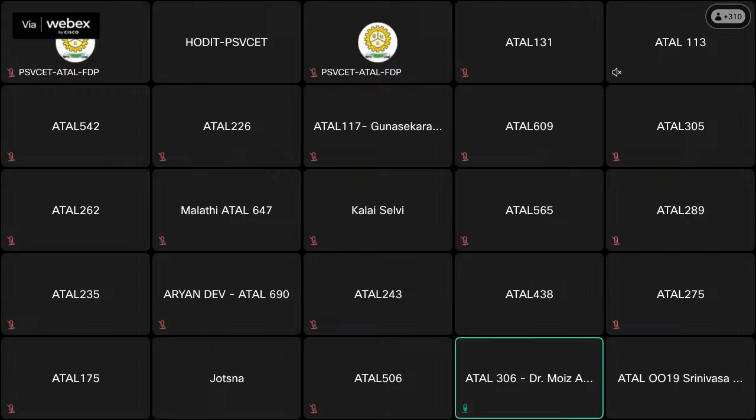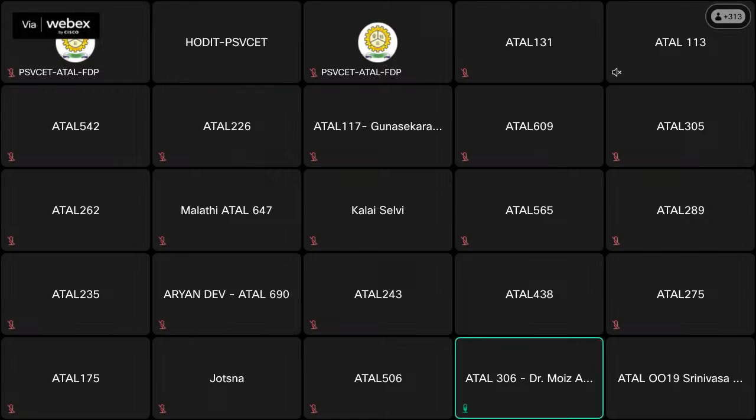On the left-hand side panel where participants are, the important document is there. You click on the important document section. You may get some PDF, right?